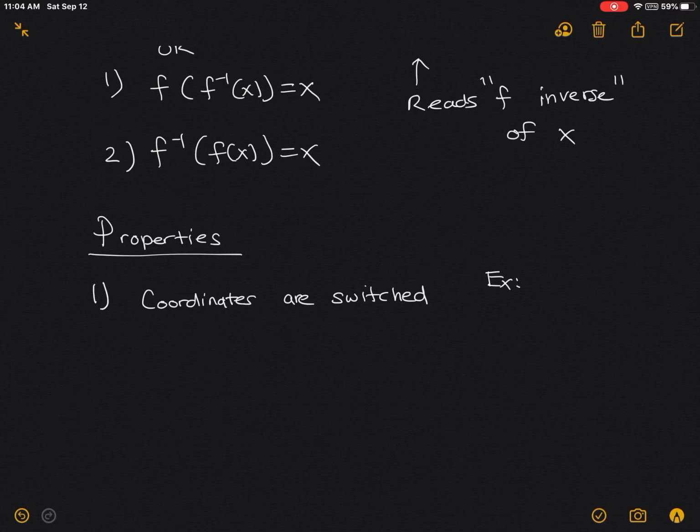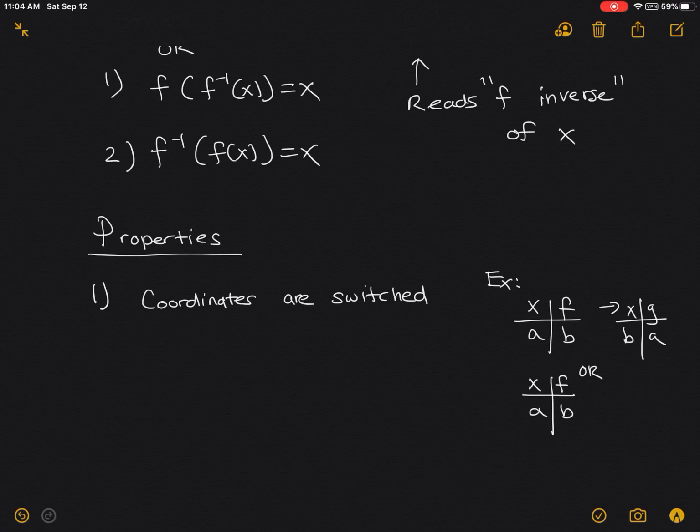Okay, so for example, let's say if f has the coordinate a comma b, then g will have the coordinate b comma a.